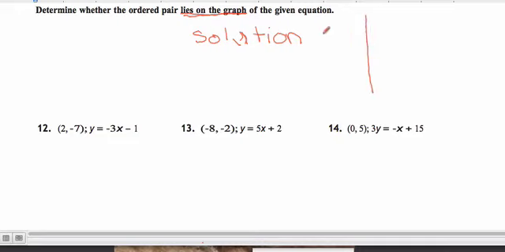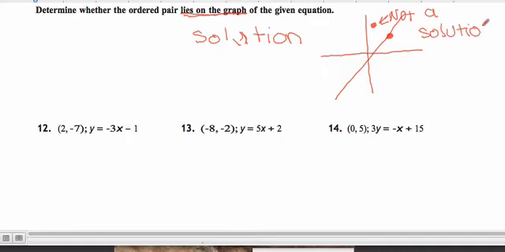Just for a visual, if I have a line and I have a point on the graph, that is a solution to the equation. If I have a point over here which is not on the graph, this is not a solution. This point on the line is a solution.